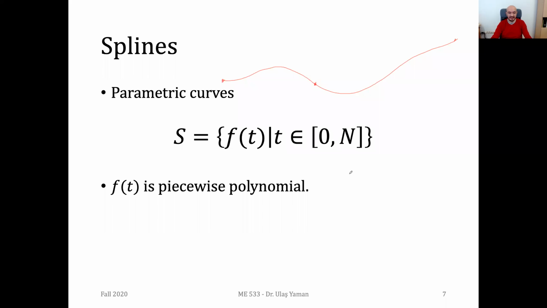Now assume that this is our whole spline, and we define our spline with a parameter t. This parameter is between 0 and n, and this f of t function might be a piecewise polynomial.